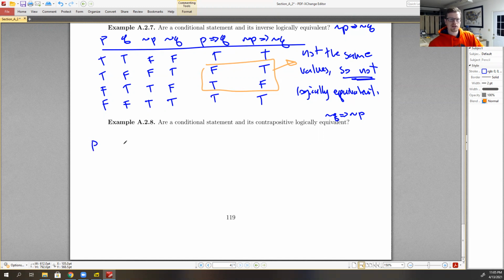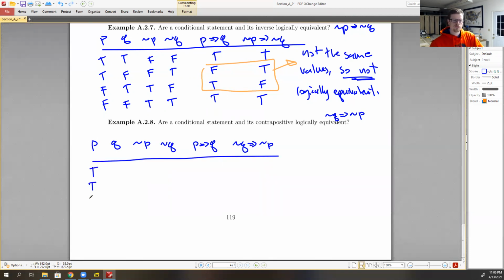So we've got P, Q, not P, not Q, P implies Q, and not Q implies not P. Excellent. So true, true, false, false, true, false, true, false.